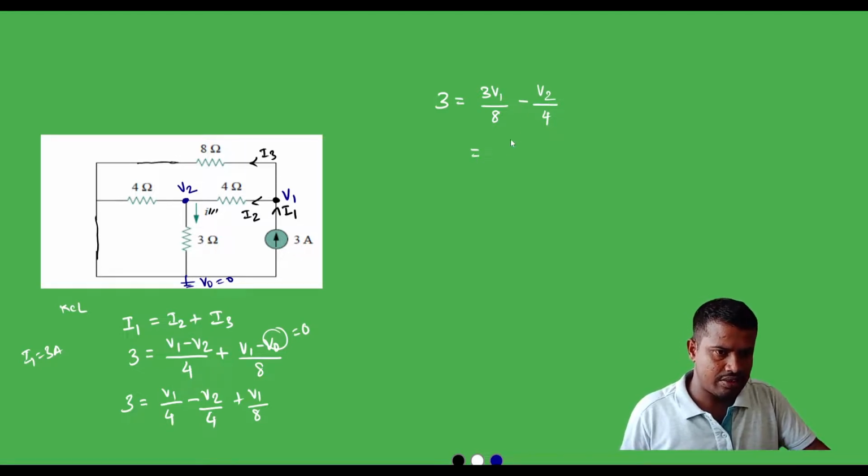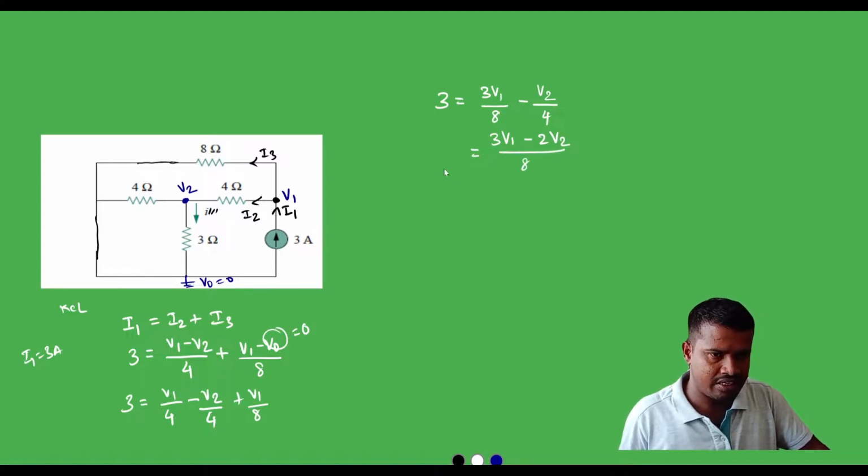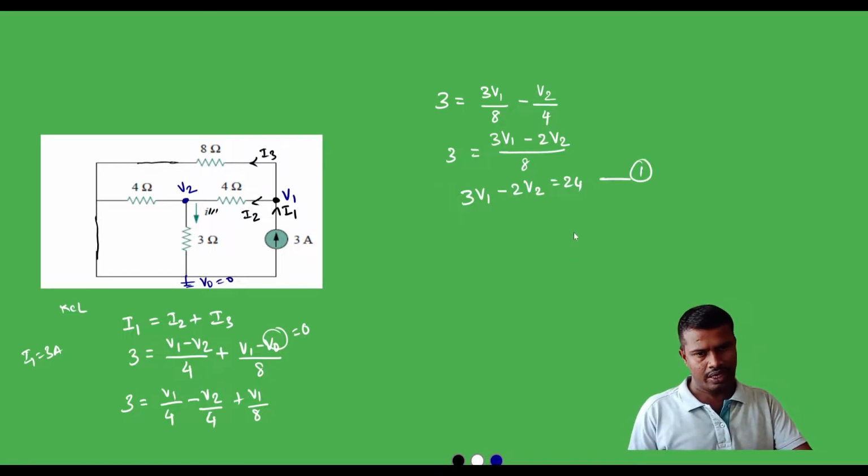Simplifying further, 3V1 minus 2V2 by 8 is equal to 3, so we can write 3V1 minus 2V2 is equal to 24. Let us say this is equation number 1.